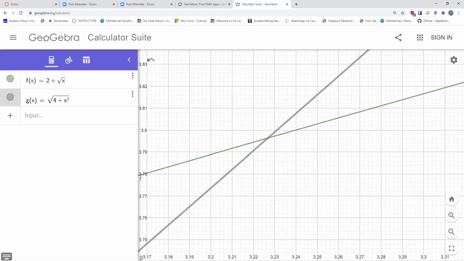Now again, it's only the x value that counts. We don't care about the y value, but they do intersect at about 3.7, almost 3.8, between 3.79 and 3.8. But it's the 3.23 that we're after. So we'll put that in as the answer.